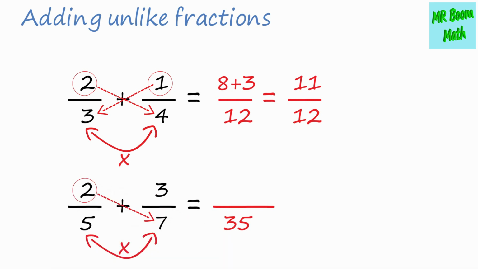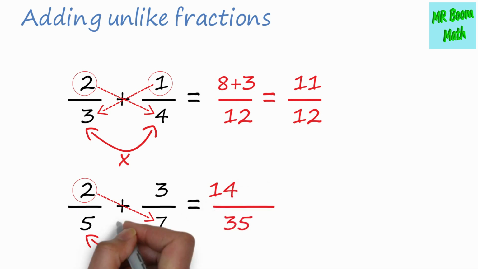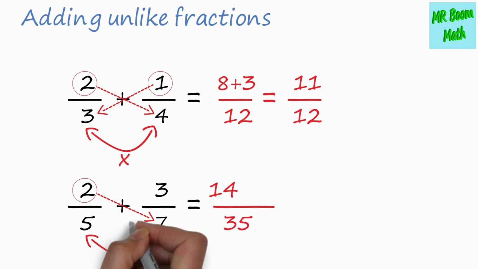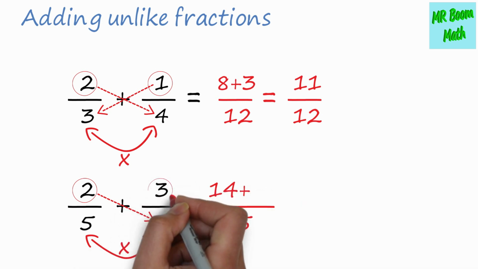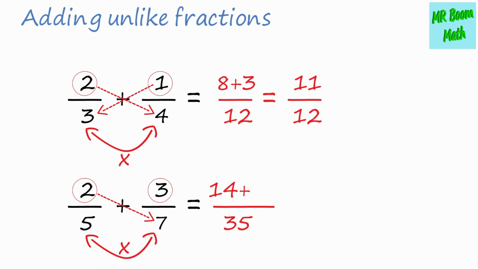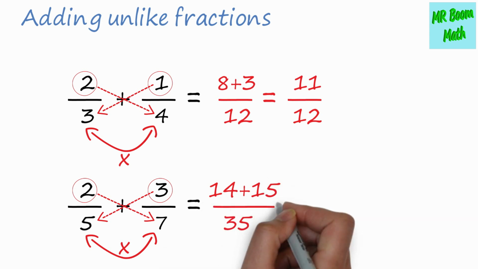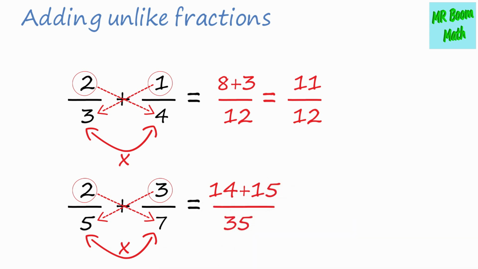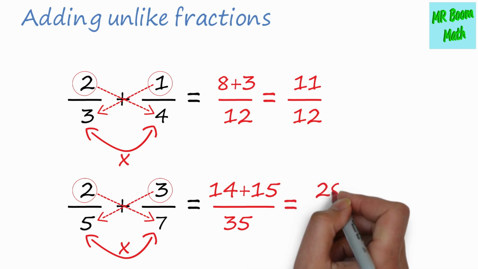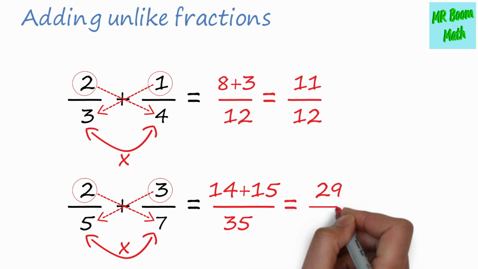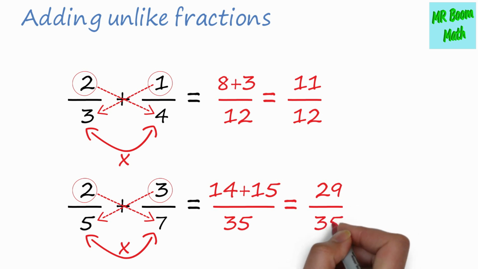We use the same sign, which is a plus. Multiply the other diagonal, 3 times 5, is 15. Add the top two numbers, 14 and 15, and that's the top number of the fraction, 29. And this is your answer.